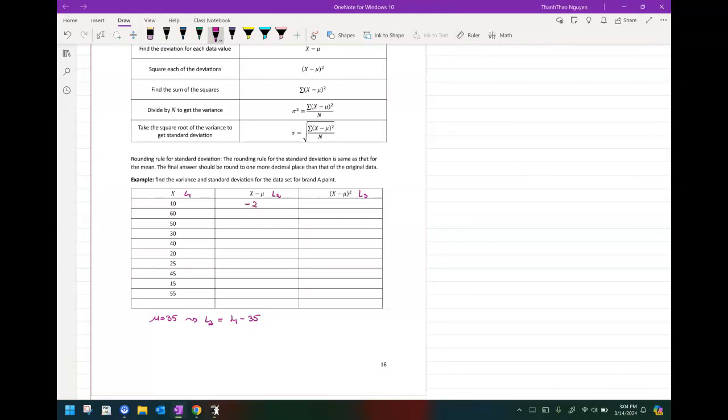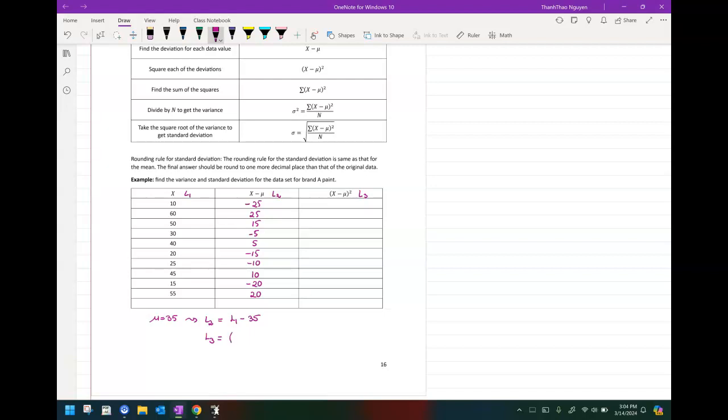It is negative 25, 25, 15, negative 5, negative 15, 15, 5, negative 15, negative 10, positive 10, negative 20, and 20.